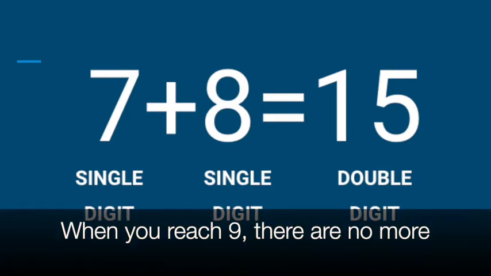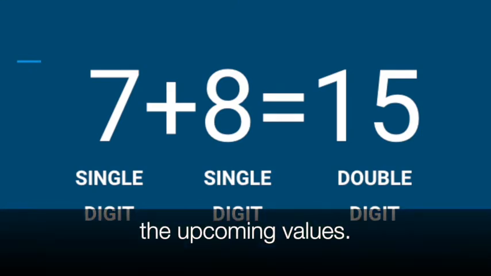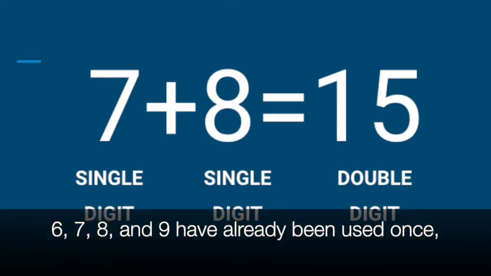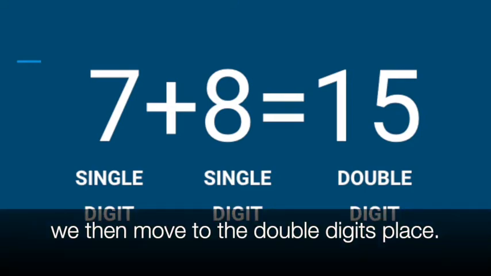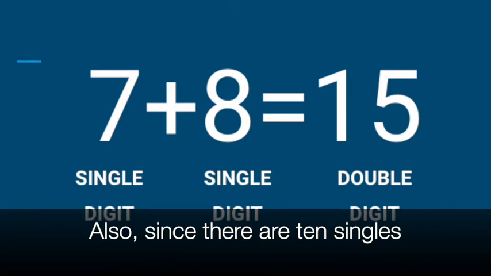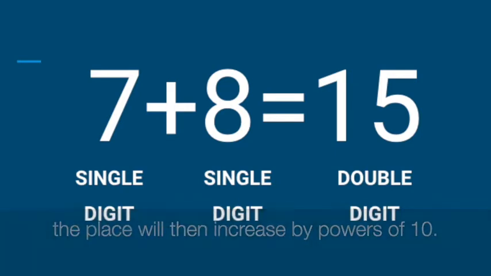When you reach 9, there are no more single-digit numbers to represent the upcoming values. Since the 10 symbols 0, 1, 2, 3, 4, 5, 6, 7, 8, and 9 have already been used once, we then move to the double digits place. Also, since there are 10 symbols, the place will then increase by powers of 10.